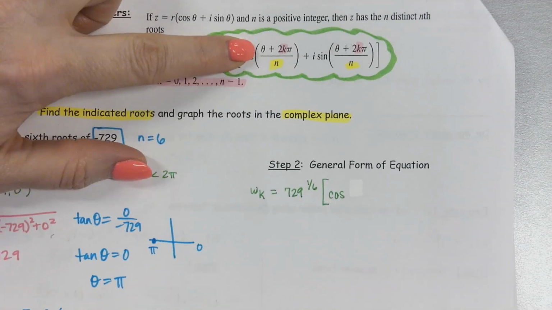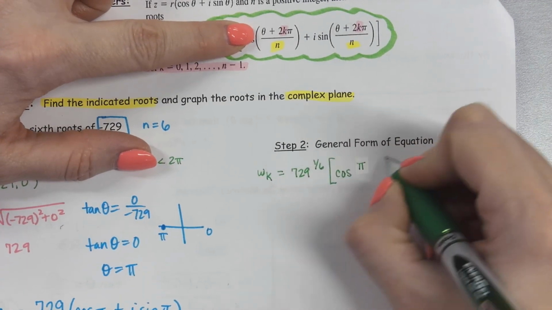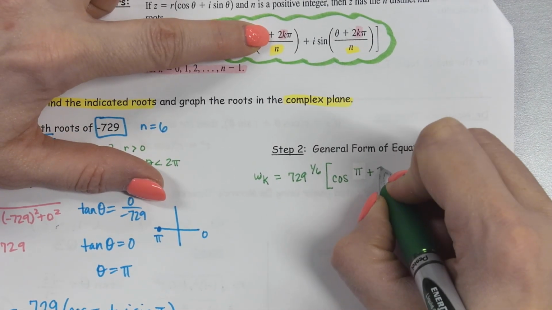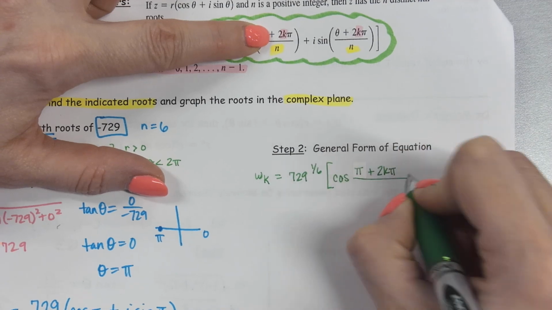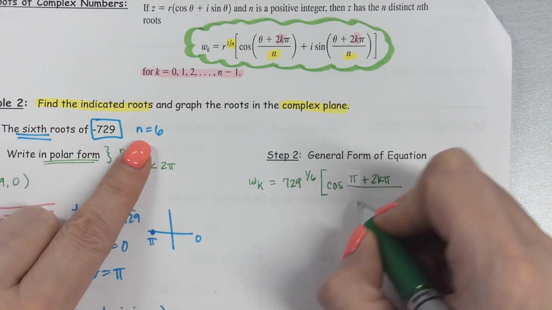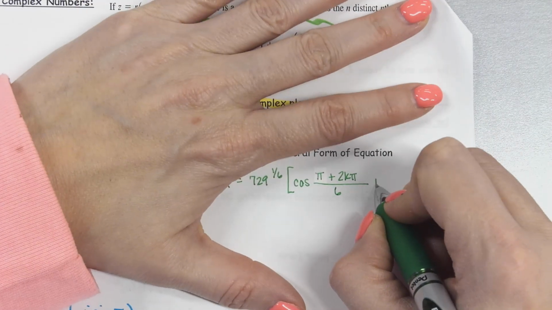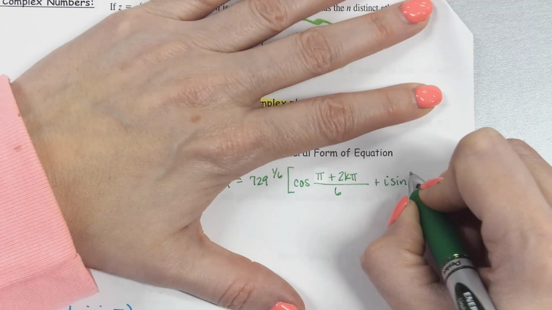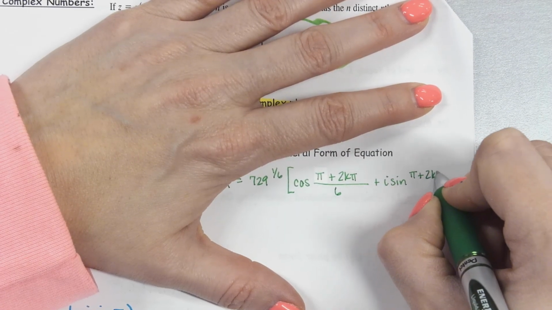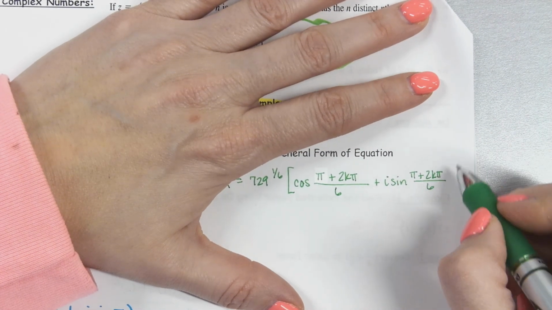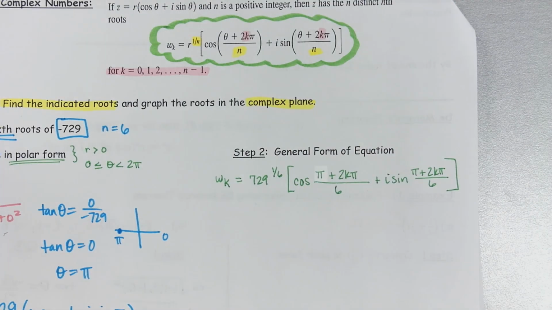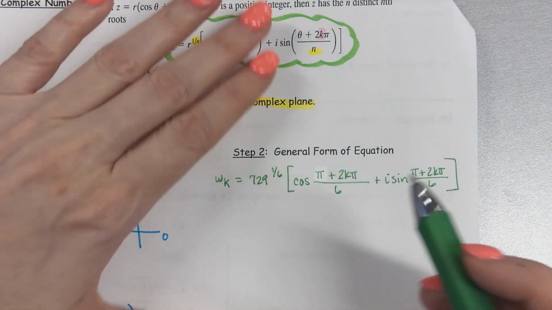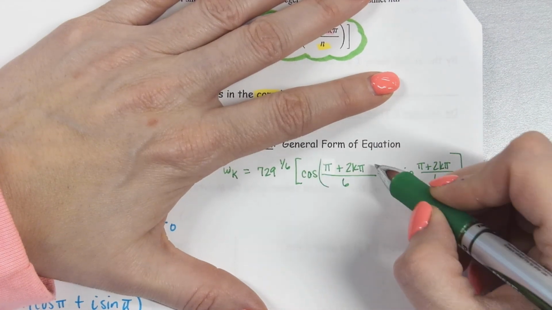Okay, so we're going to plug in the theta, which we found was pi, and then plus 2k pi divided by, your n value is 6, and then the sine is the same thing, pi plus 2k pi over 6. So this is the general equation that we're going to be plugging values into.